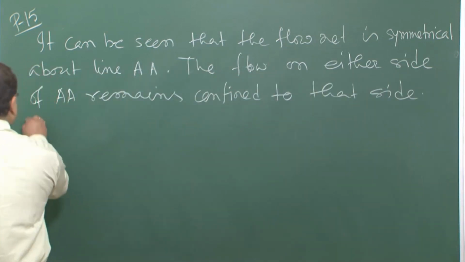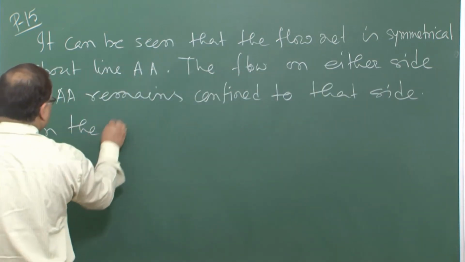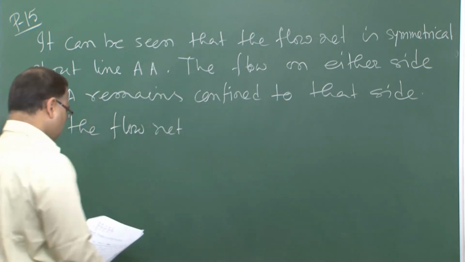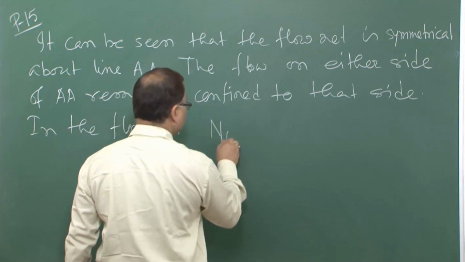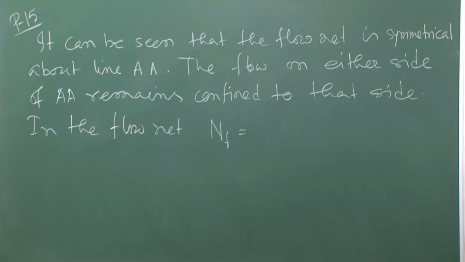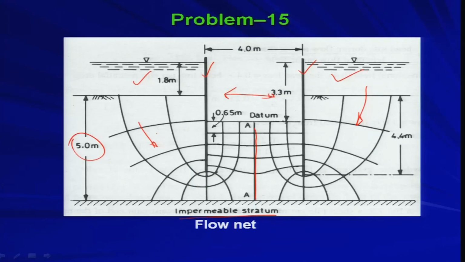So, in the flow net, what is your NF? What is your NF? So, number of flow channels. If you consider the left of the cofferdam, that means I am considering this side of the cofferdam, how many flow channels are there?